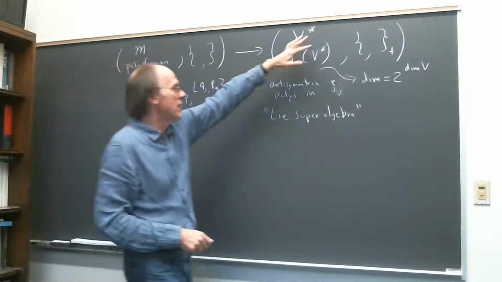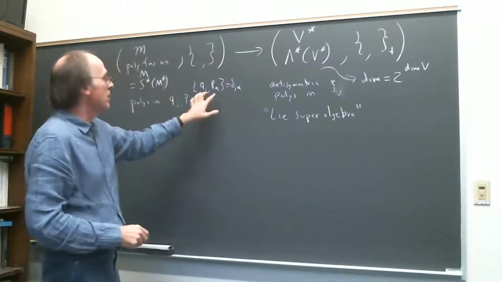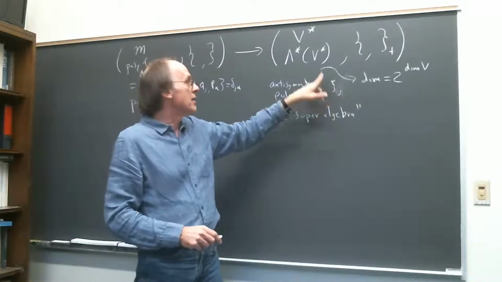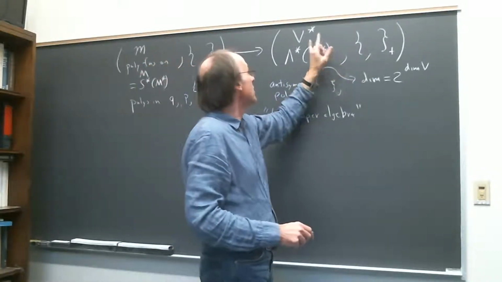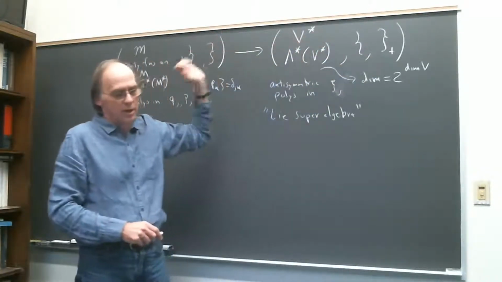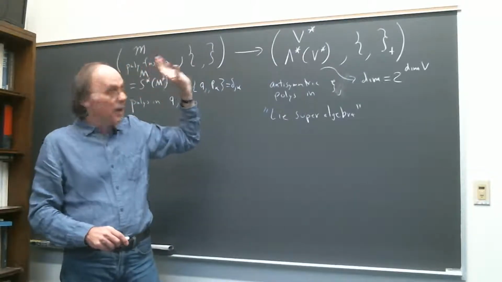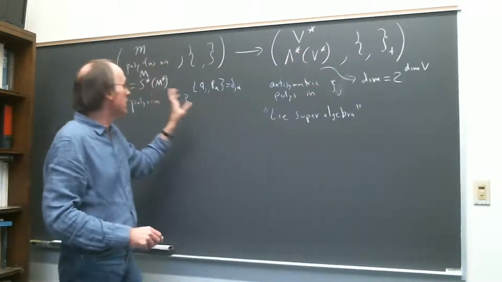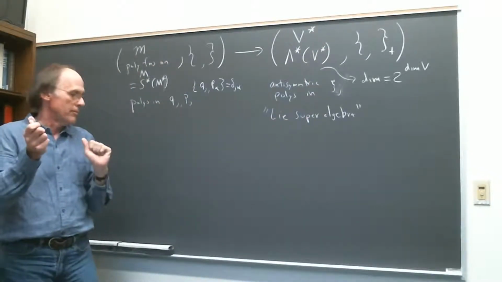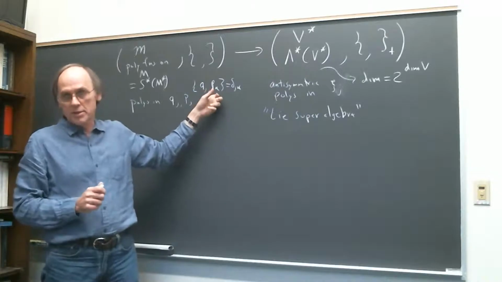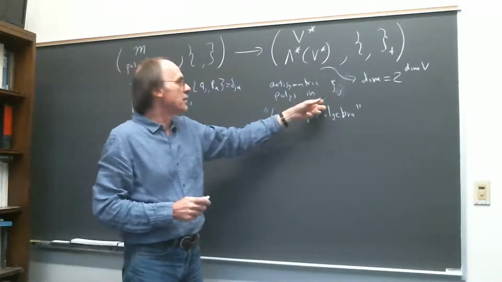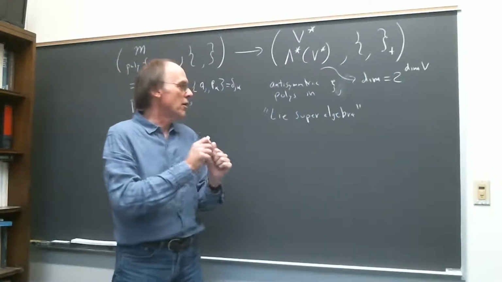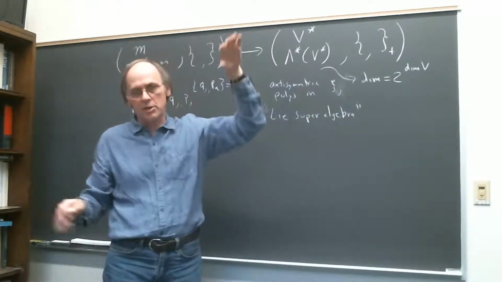And then here you can do the same thing, but you have to figure out on these basis elements what this is. What you want is to start not with an antisymmetric non-degenerate bilinear form, but with a symmetric non-degenerate bilinear form. And here, up to change of basis, at least over the complex numbers, there's only one. But over the real numbers, there are these possibilities of different signature.